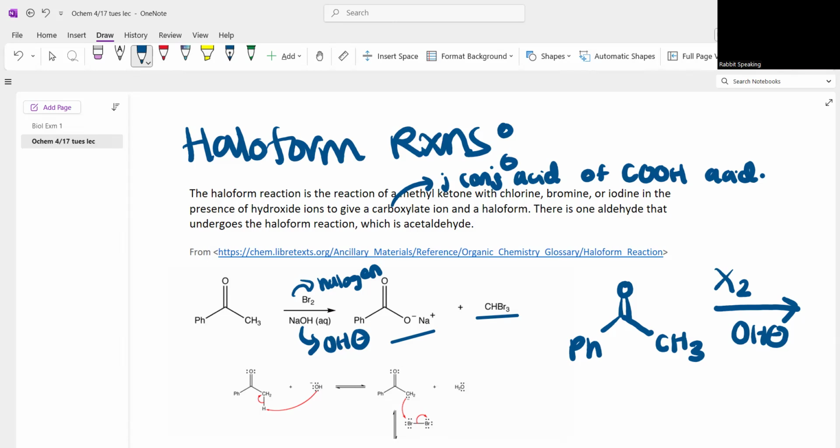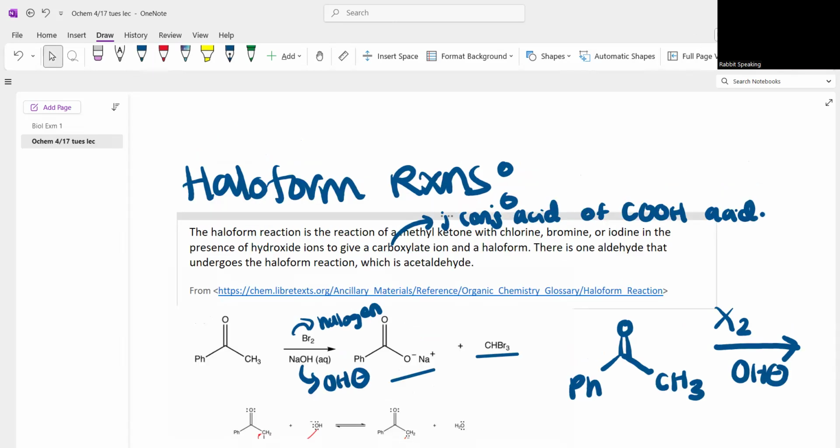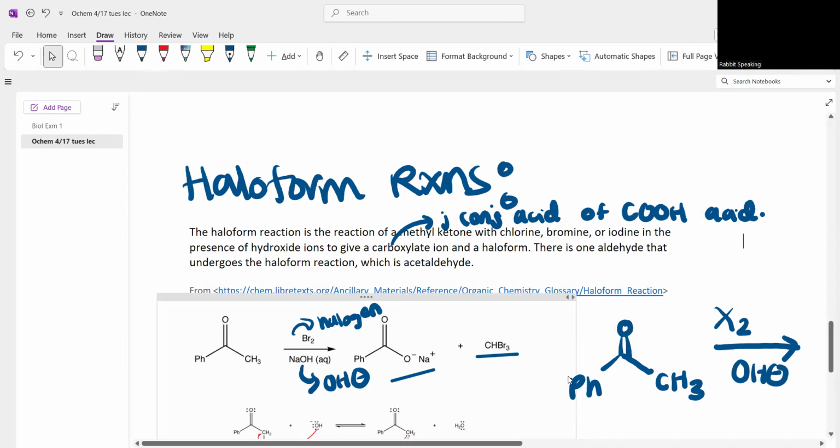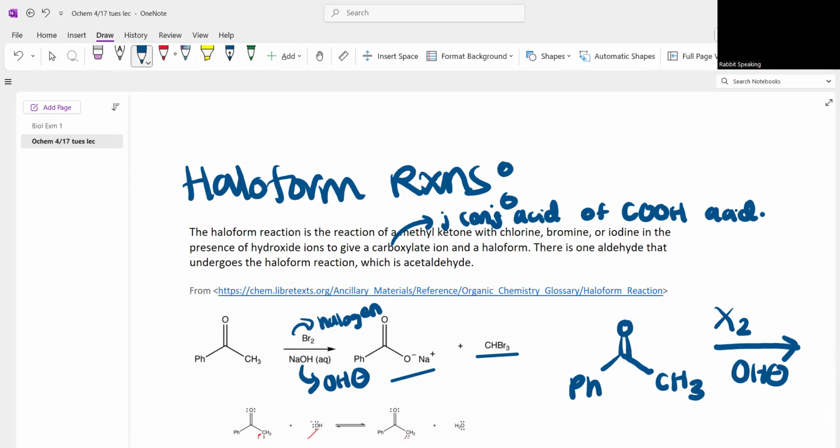What is a haloform? Okay, the molecular formula of a haloform is CHX3, where X is a halogen. So a haloform is essentially CHX3: three halogens with one hydrogen.